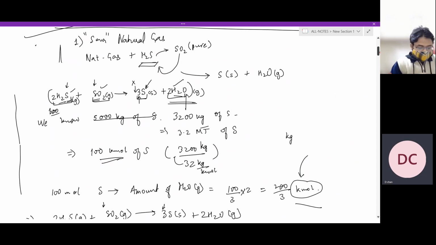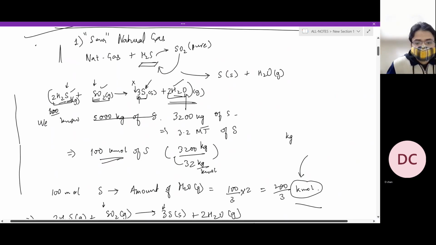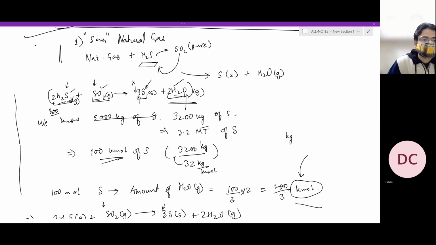Wait a moment, let me reorganize what I was doing. Let's see what we can do here. Is this a single reaction or a double reaction? Let me take maybe a more complicated problem instead of this one.